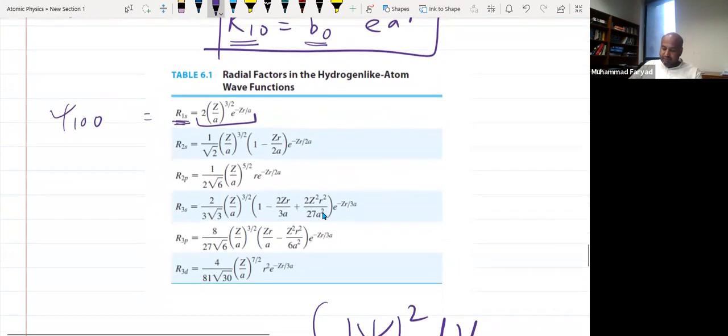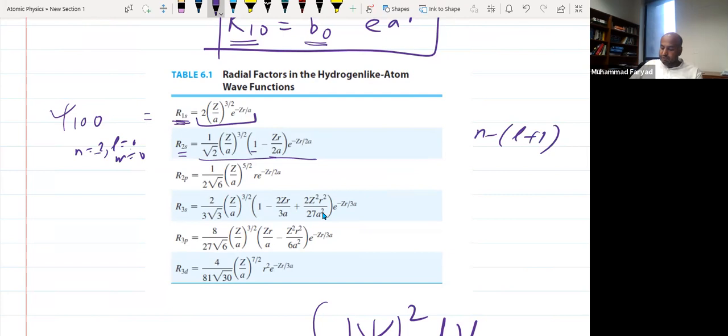Similarly, for the 2s state, where n is 2, l is 0, and m is 0, we can work it out, and we see that this will have a polynomial of degree 1 because this is r to the power 1. Because n is 2 and l is 0, the highest power is n minus l minus 1, so 2 minus 1 is 1.